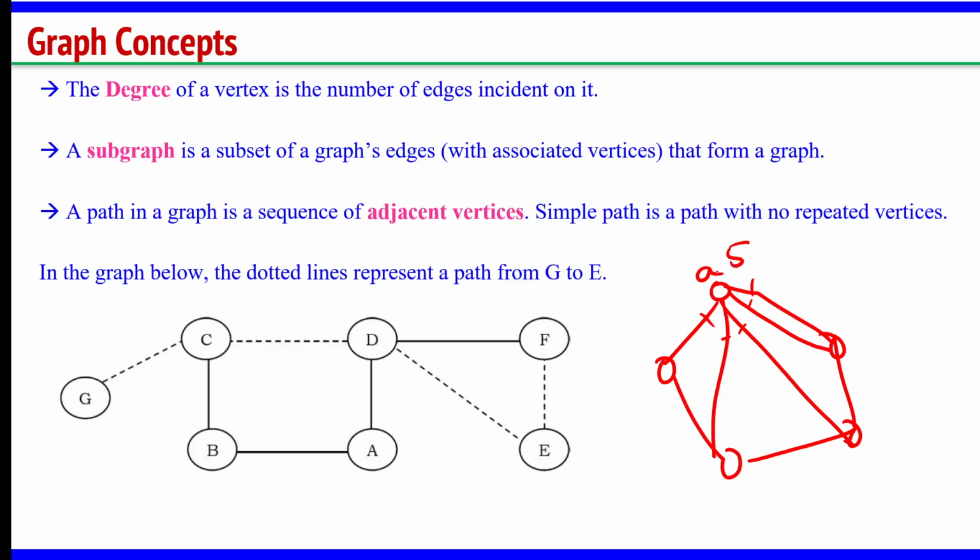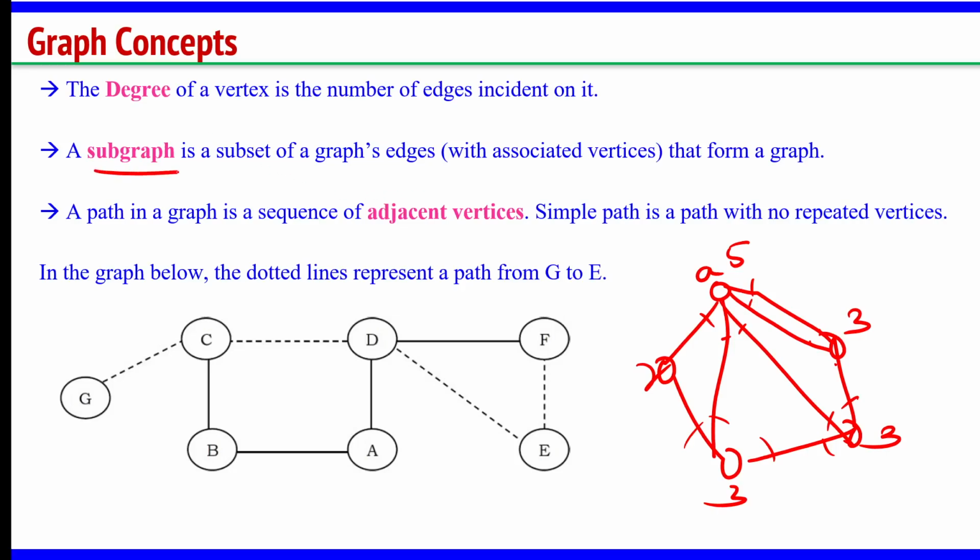Total 5 edges are incident on this vertex A. That is the degree. Then here 1, 2, 3. Here also 1, 2, 3. 1, 2, 3. And here it is 2. So the degree means the number of edges connecting to that vertex is called your degree.